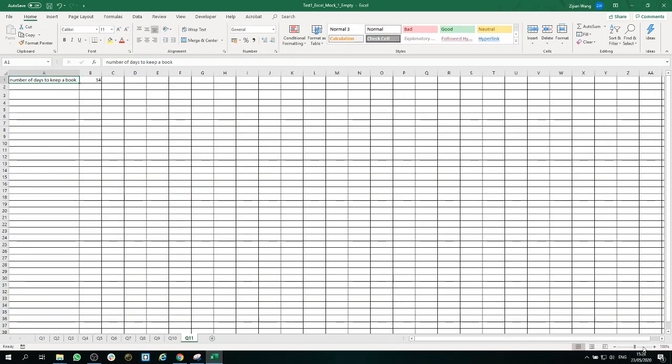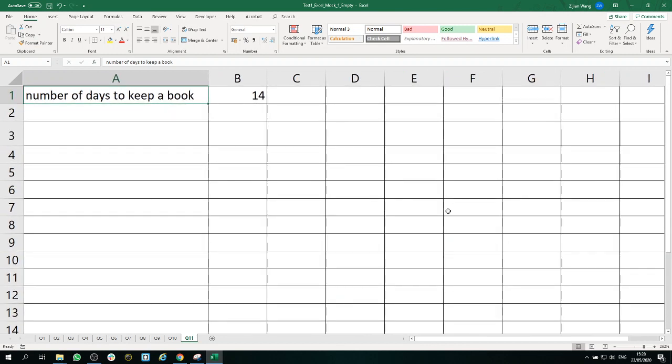Question 11, very last one. It's about the number of days to keep a book. It's 14 days. And now we're asking for a formula. Say if the book is borrowed today, then when should the person return the book?